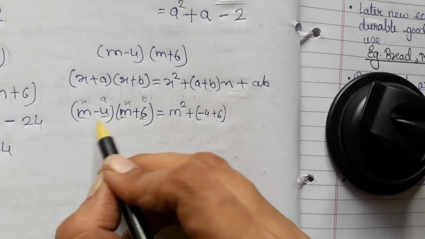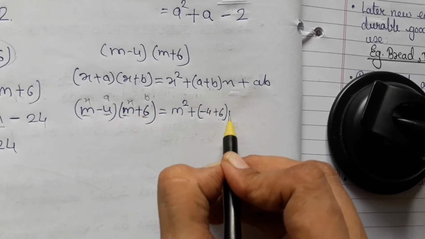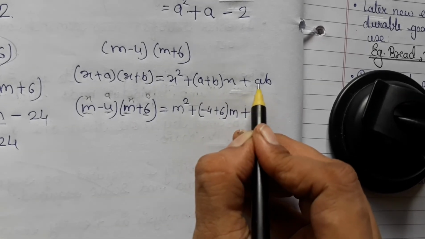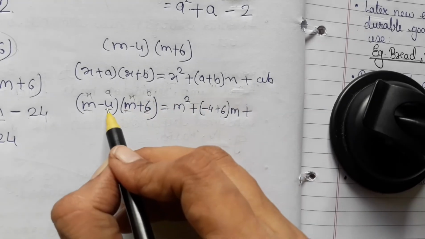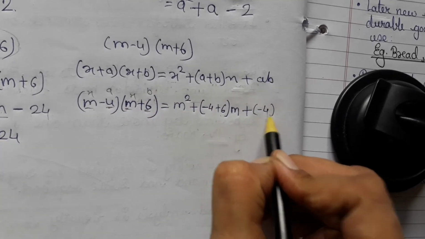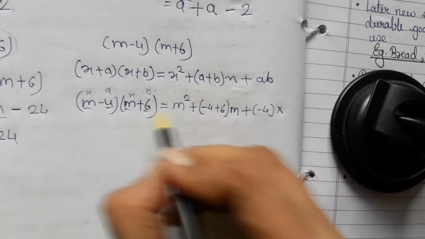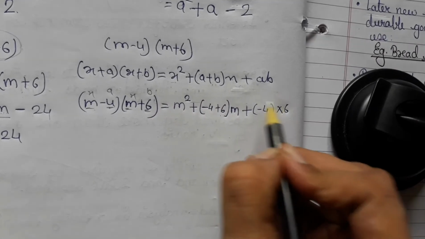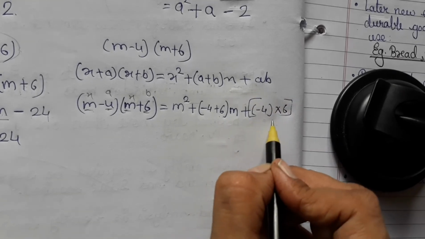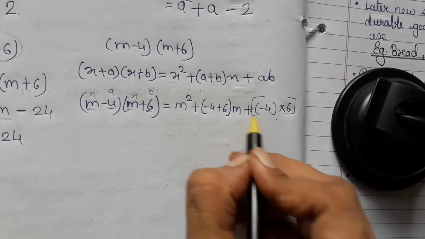Then x, my x is m, so I will take m. Plus a into b. My a is minus 4, minus 4 into b, plus 6. I will put this into the bracket, because two signs will come together.